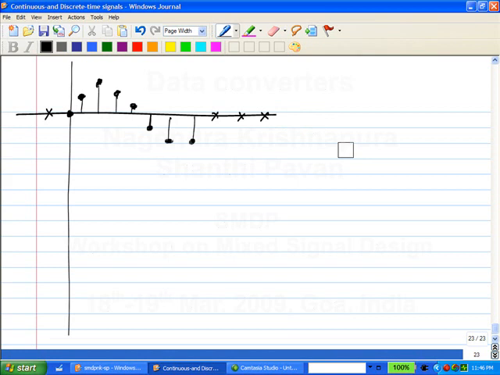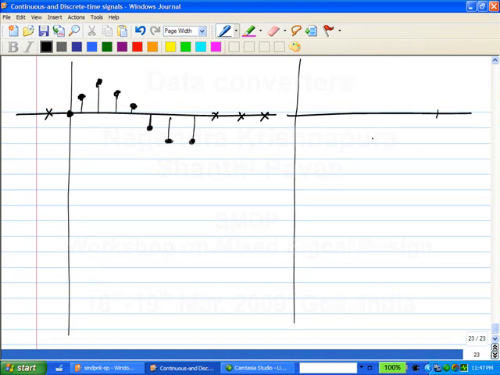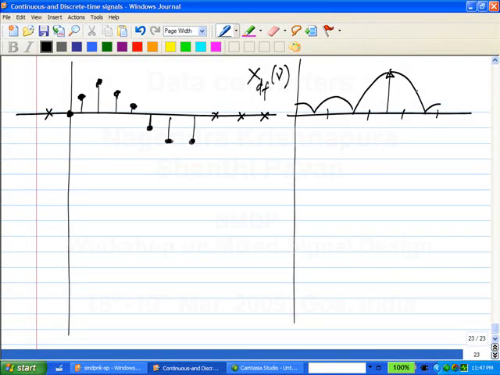Originally, let's say it was a sine wave at this frequency. Because of this windowing effect, that is because of having taken only 8 points, what I will get will be something of this sort, with respect to the continuous frequency variable.